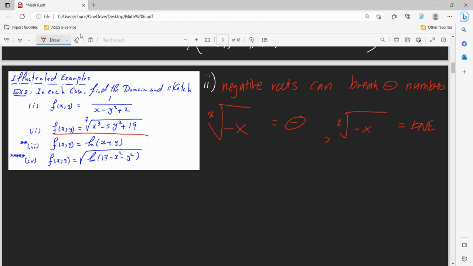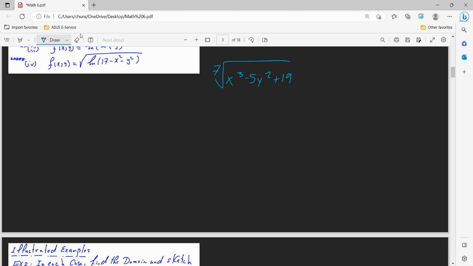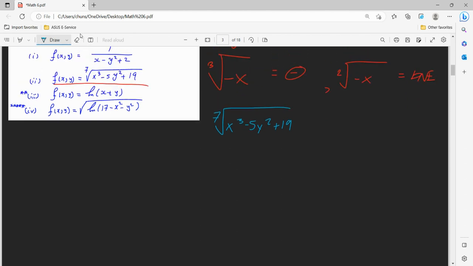So taking a look at this example, we see that we are given a 7th root. By that logic, any number can be inside the radical, whether positive, negative, or 0.